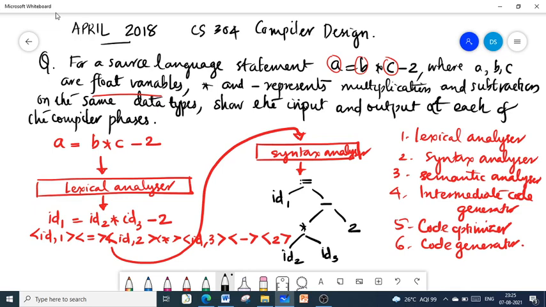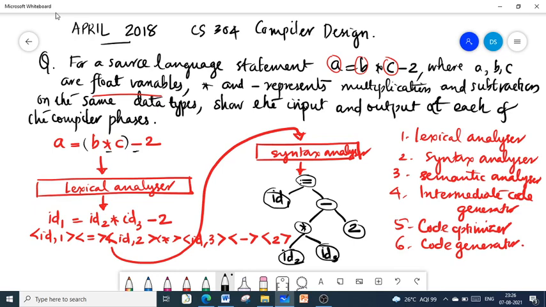Why are we not writing multiplication at the top here? Because when these two operators come, the multiplication will be evaluated first. That is why we have drawn the tree like this. So these are the interior nodes, and these are the leaves. So this is the output of the syntax analyzer.